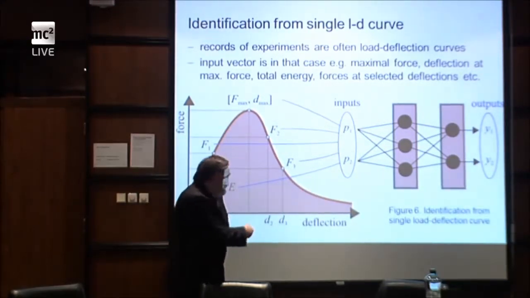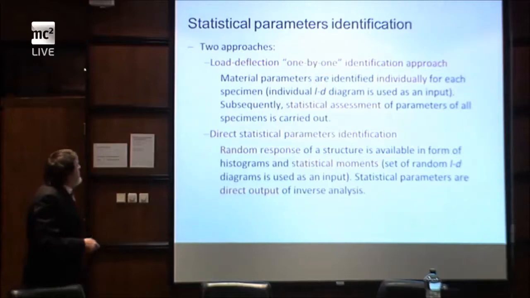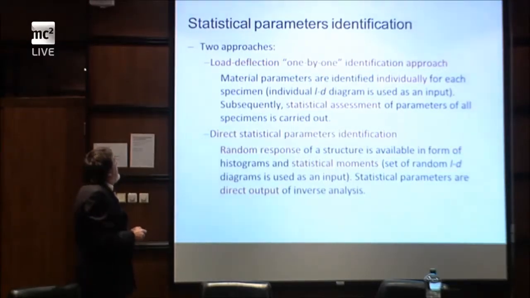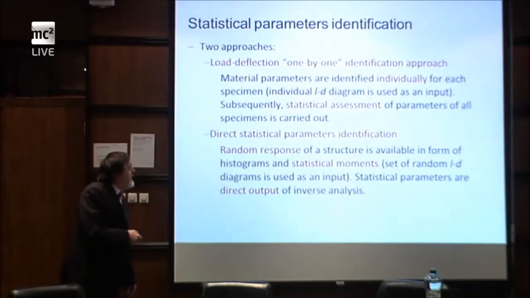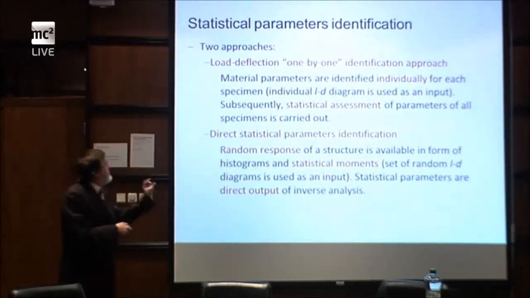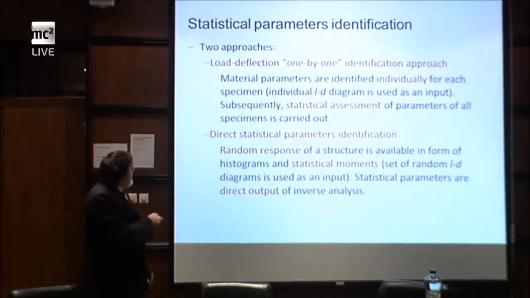parameters and vice versa. In reliability engineering, we need to identify statistical parameters. Actually, we have two approaches in this case. We can have a load-deflection identification approach one by one, where material parameters are identified individually for each specimen. And then we get the set, and subsequently we make an assessment of the parameters of all specimens.